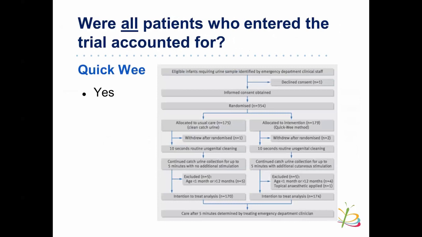And then, looking down here, we have 5 who were aged less than 1 month, and then 4 who were aged less than 12 months, and then 1 had that topical anesthetic placed for the suprapubic aspiration. The rest were treated and randomized, and included in the intention to treat analysis.